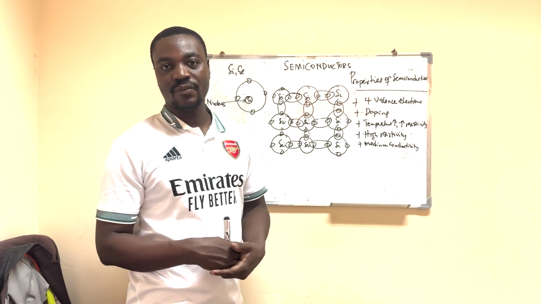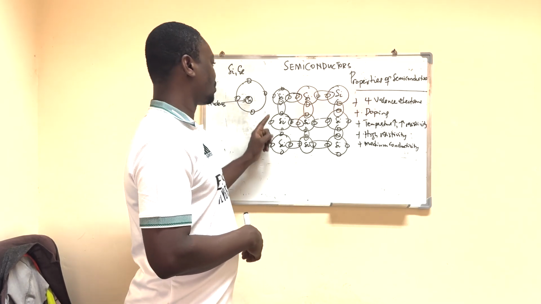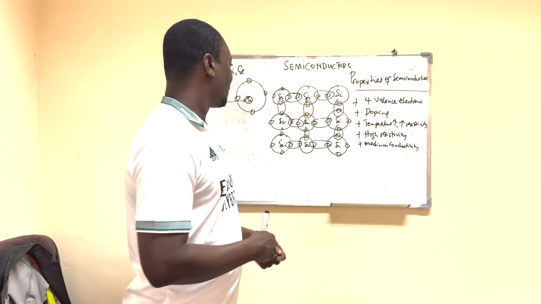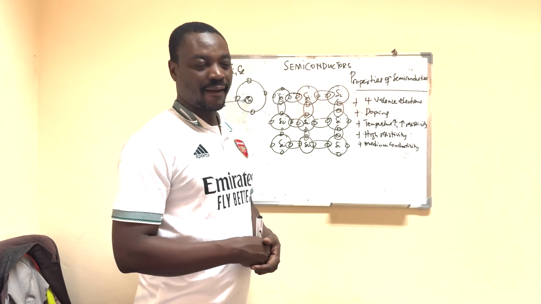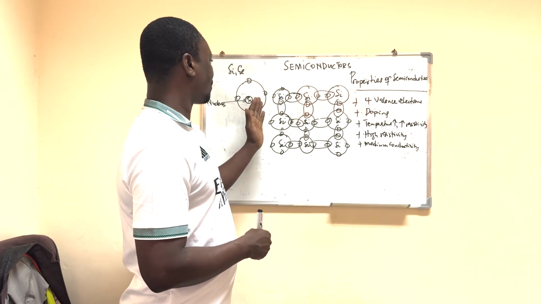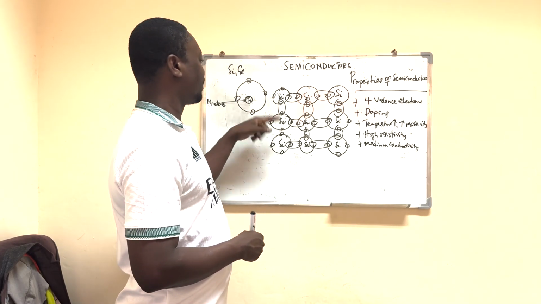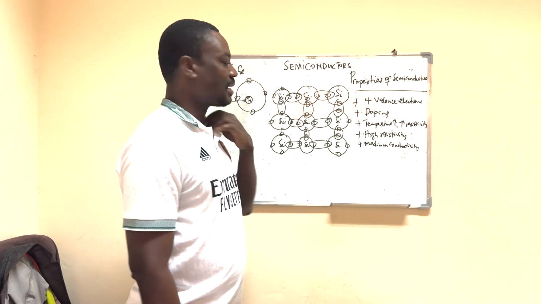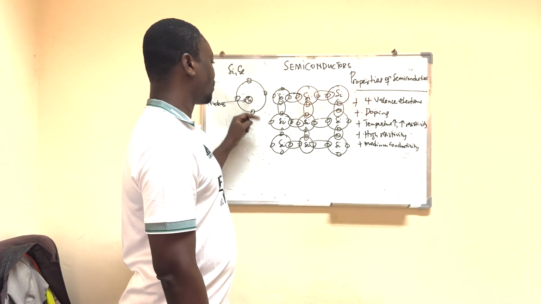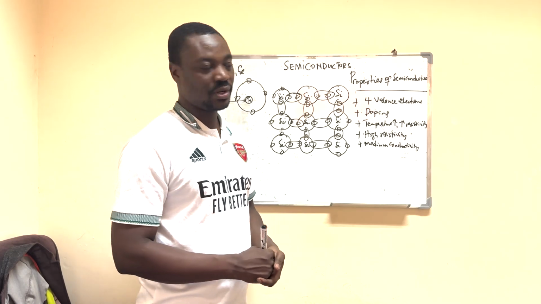We've only indicated the 4 valence electrons, so the inner shell electrons are not being indicated. And with any atom, we know that we have electrons orbiting around the nucleus, and within the nucleus we have protons and neutrons, right?